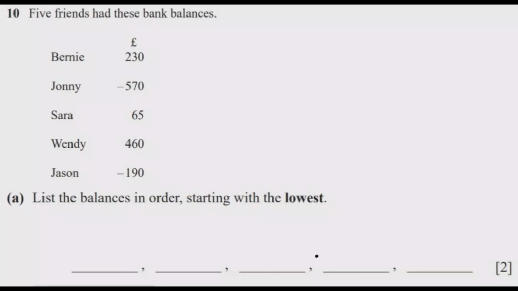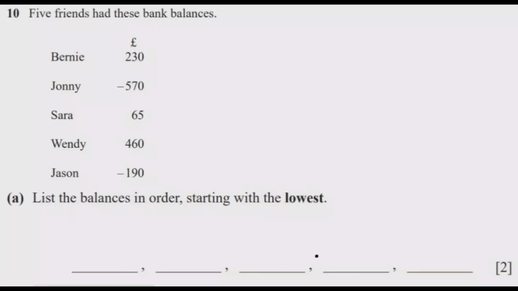So when we look at the amount of money that was left in their bank accounts, the balances, we can see that we have got negative 570 and negative 190.